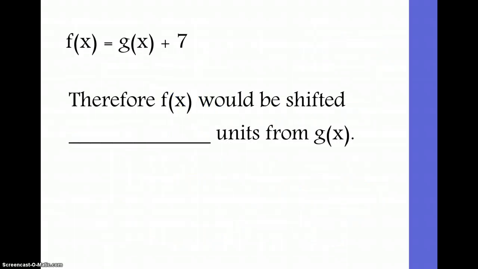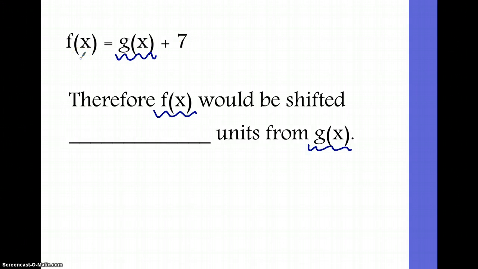This one says f of x is equal to g of x plus 7. Therefore, f of x would be shifted blank units from g. So from g, what do we do to g to get to f?